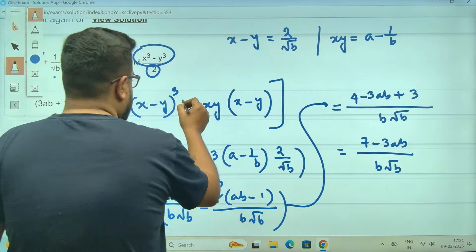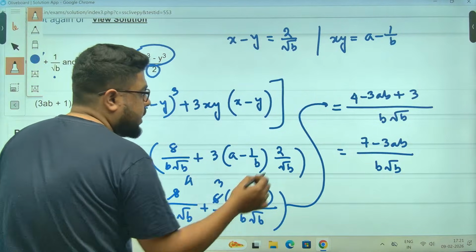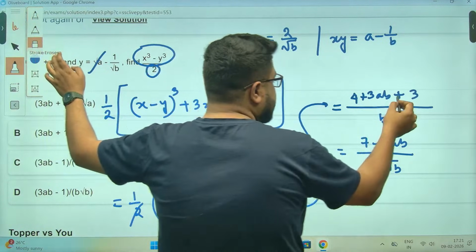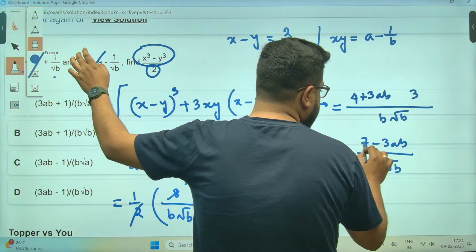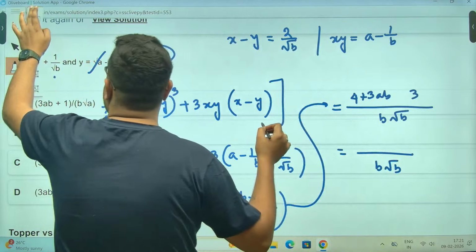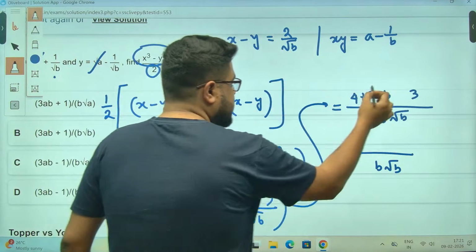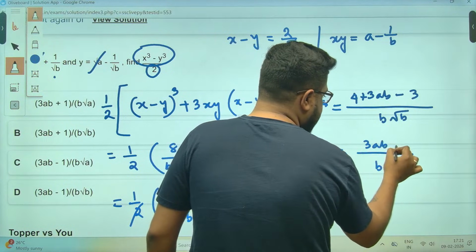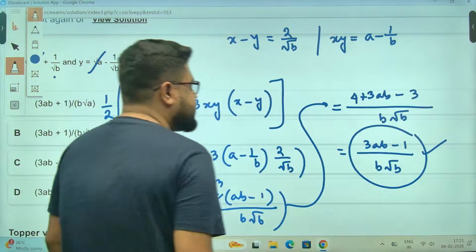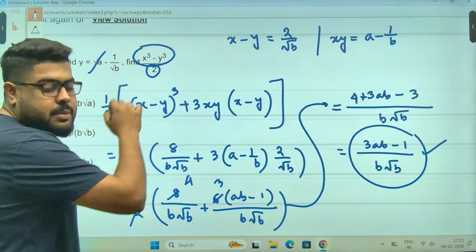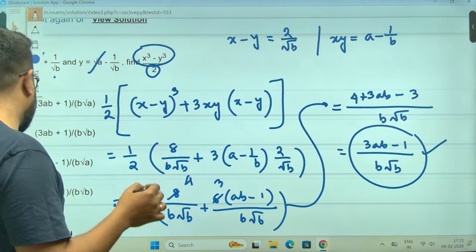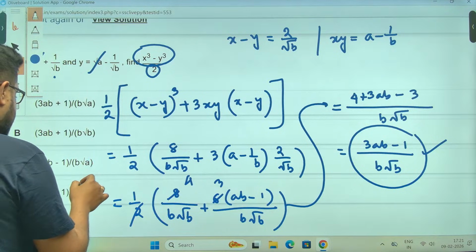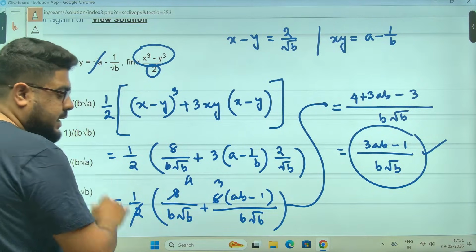Oh man, sorry, today my mind is doing all the upside-down things. My mistake. Sorry. This is minus 3. 4 minus 3 is 1. 3AB minus 1 will be this. This will be the answer. My mistake, I've written minus here. I don't know why. 3AB minus 1 by b root b, sir. Option D is the answer.